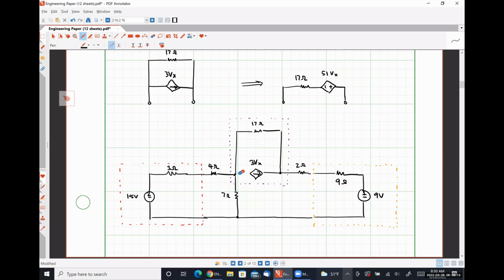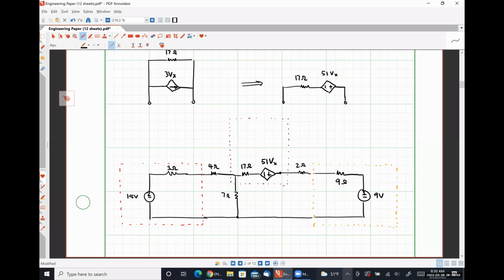And lastly, I need to do it to this guy as well. So here's the terminals where my practical current source was connected. Now I have a 17 ohm resistor in series with a 51Vx voltage source. So we took a 5 mesh circuit and knocked it down to a 2 mesh circuit.